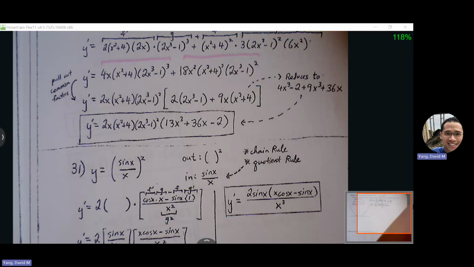Okay, next up we have implicit differentiation. So let's go to page 11.